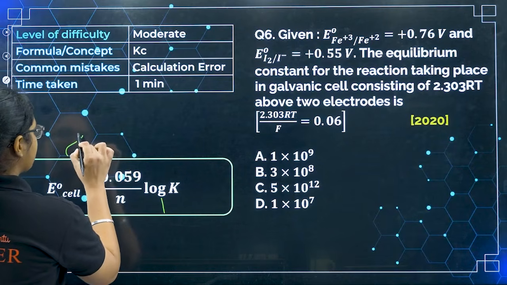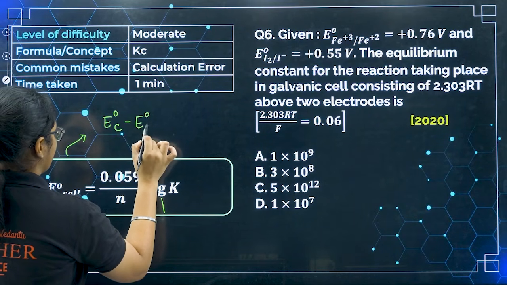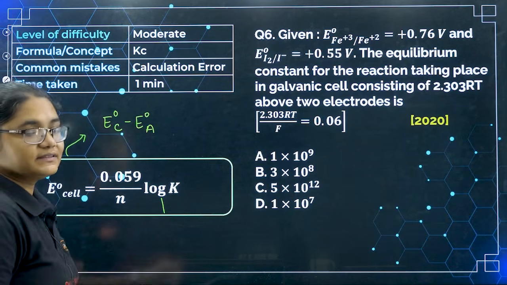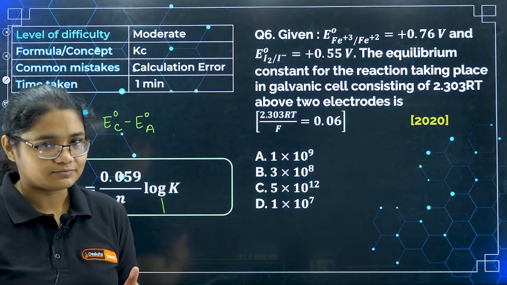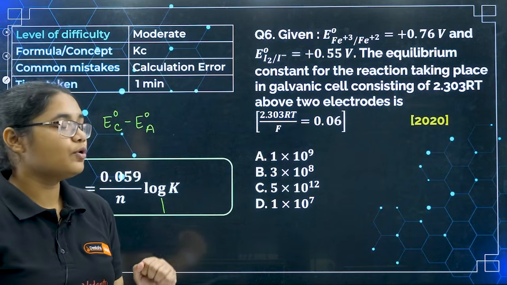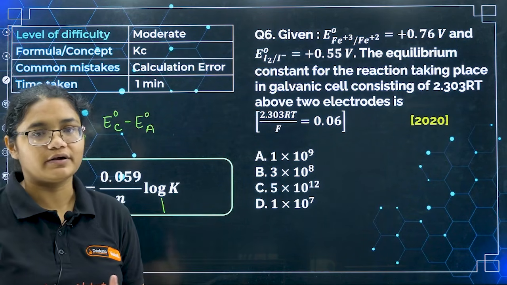E naught of the cell is equal to E naught of cathode minus E naught of anode. Now at the cathode reduction takes place, and at the anode oxidation takes place, right? So how will you know which one is undergoing oxidation and which one is undergoing reduction?